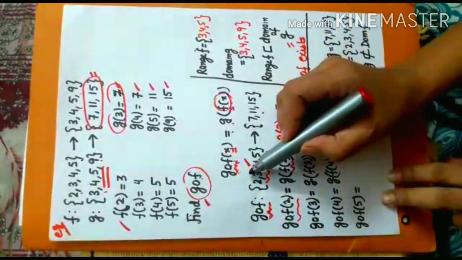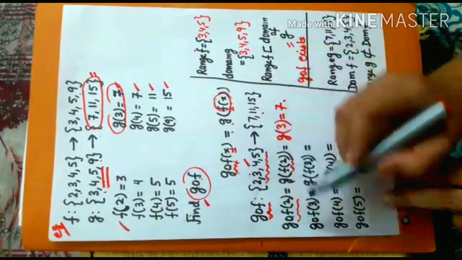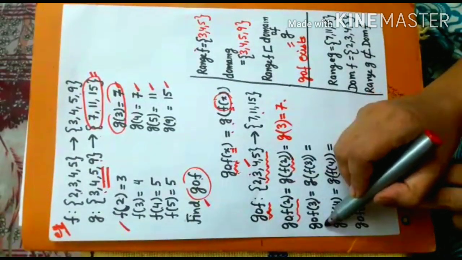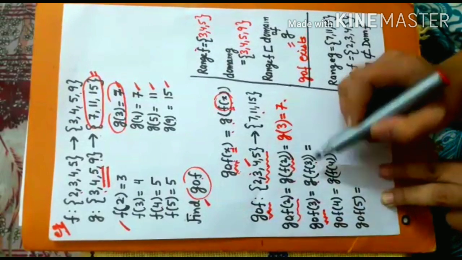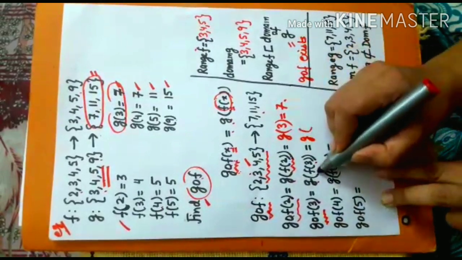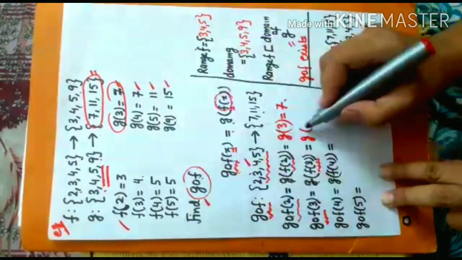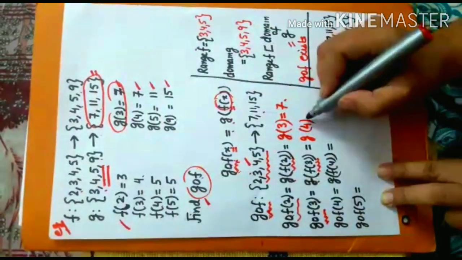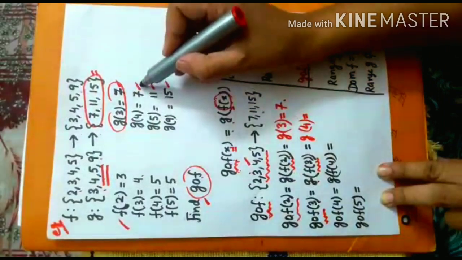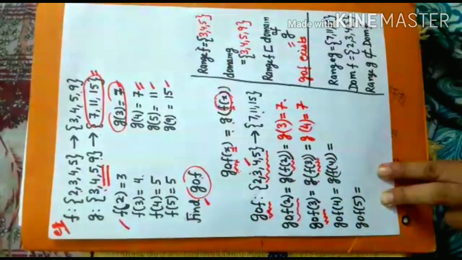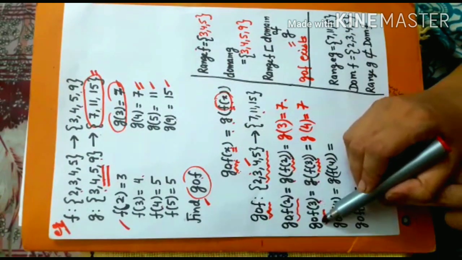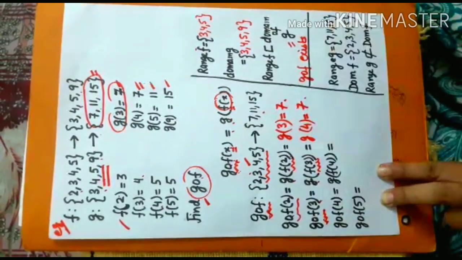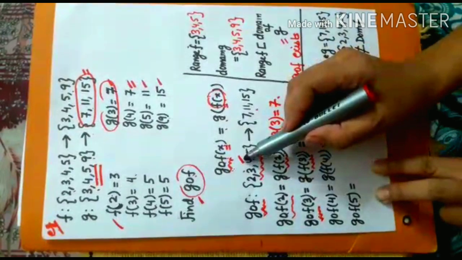Similarly, next element of the domain is 3. Image of 3 under this function is g of f(3). Now, f(3) by definition is 4, and g(4) by definition is 7. So image of 3 under the function GOF is 7. Next element is 4.